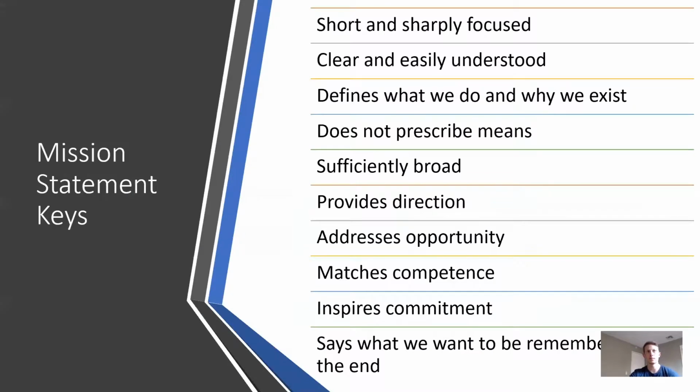Make sure that these mission statements are short and sharply focused. This should be only one to a few sentences, clearly understood, defining what you do and why you exist, so that if someone asked you what your mission is, you know. It has your values instilled, and it is broad enough, but it is specific.